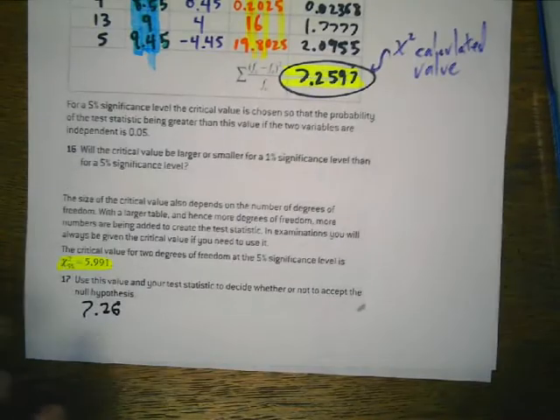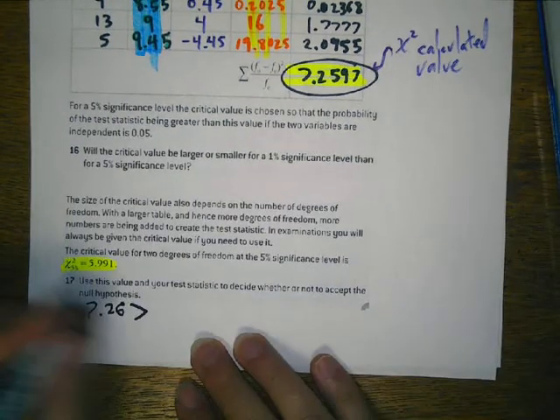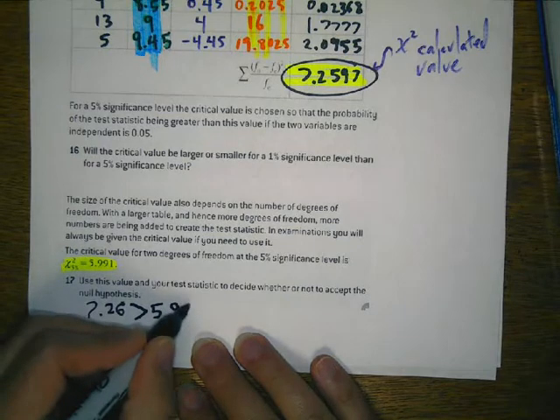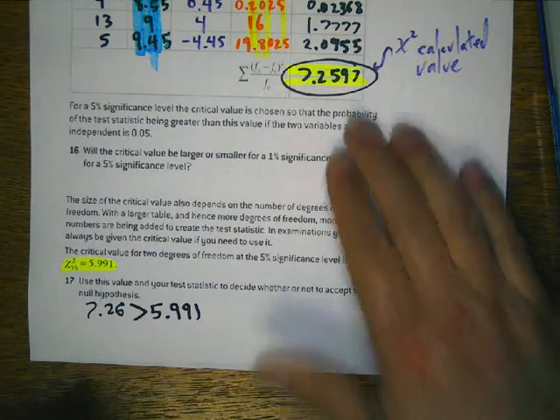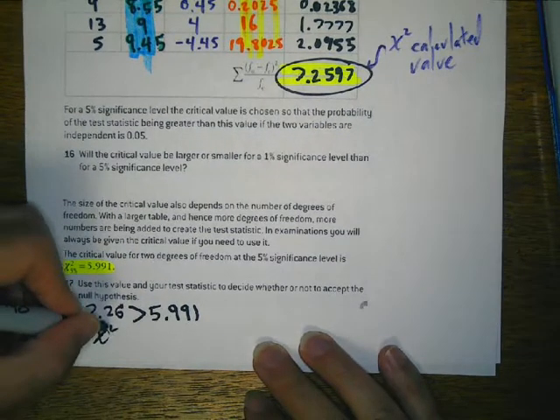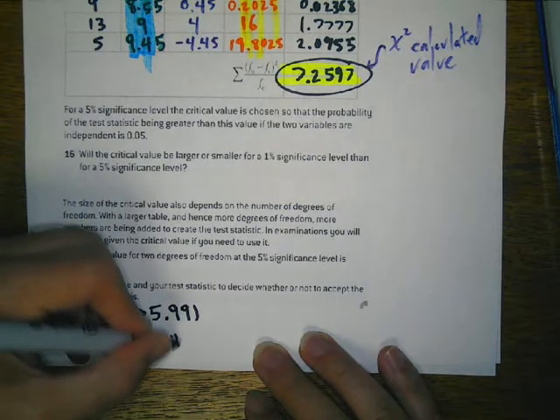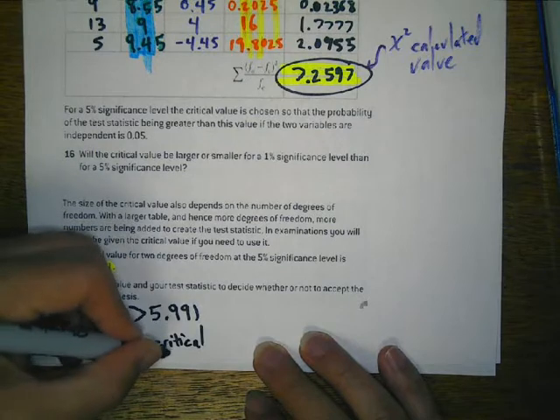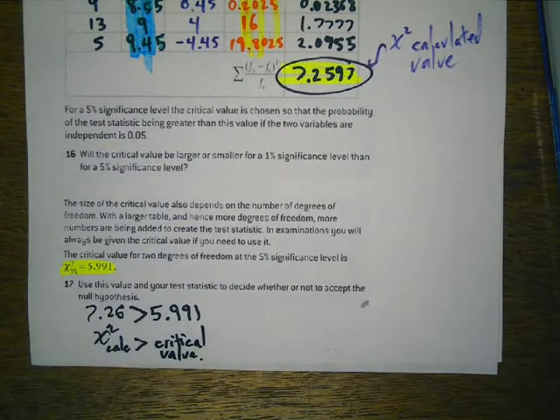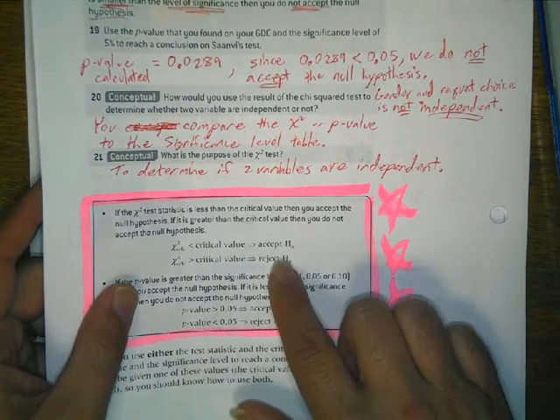We can see that 7.26 is greater than 5.991. So because our chi-squared calculated value is bigger than the critical value, I can determine that if our chi-squared calculated value is bigger than the critical value, then we reject the null hypothesis.